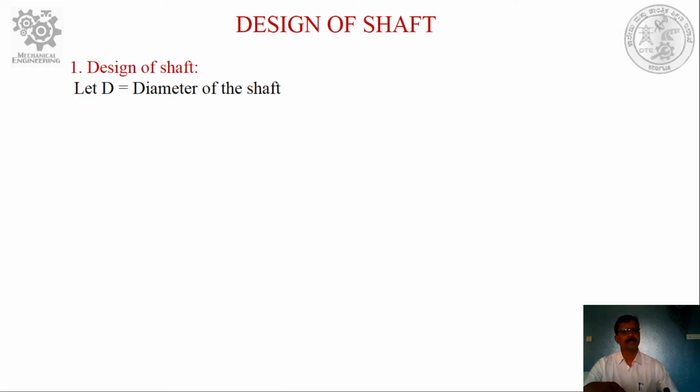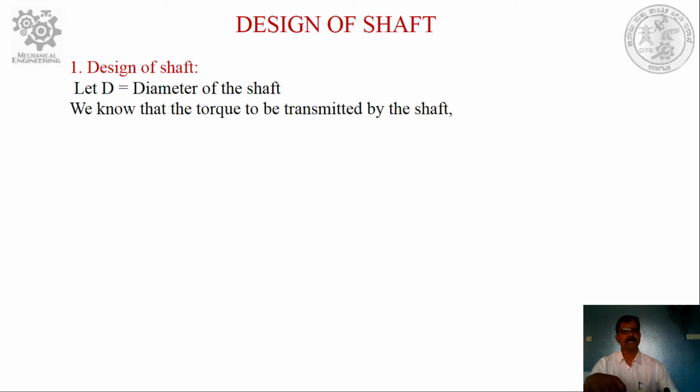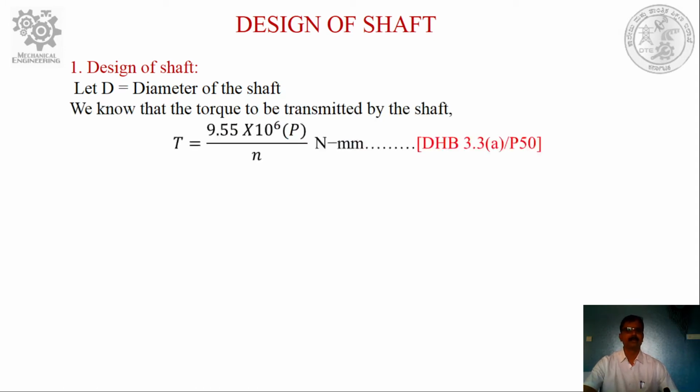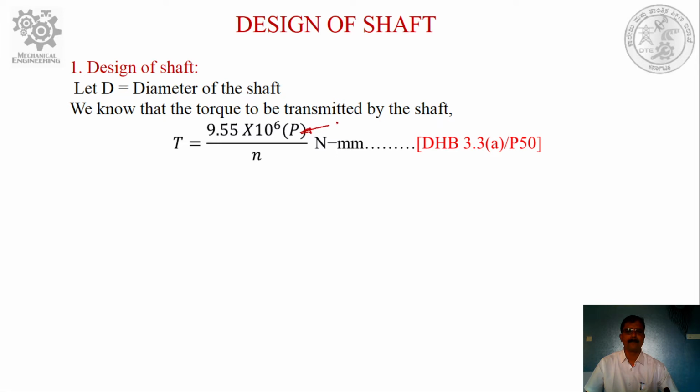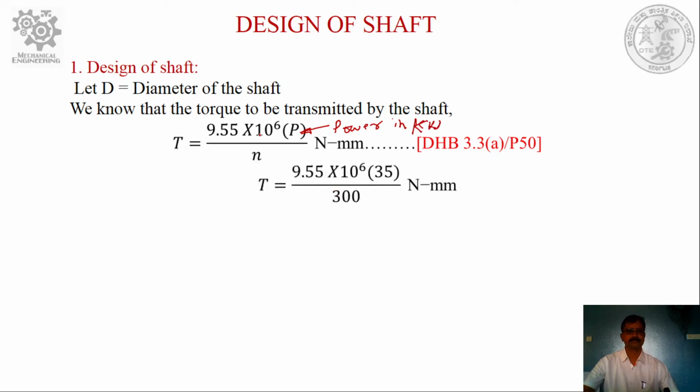Now here let D is equal to diameter of the shaft, and we know that the torque to be transmitted by the shaft is T is equal to 9.55 into 10 raised to 6 into P divided by N. Here P is the power in kilowatt, and N is the speed in RPM.